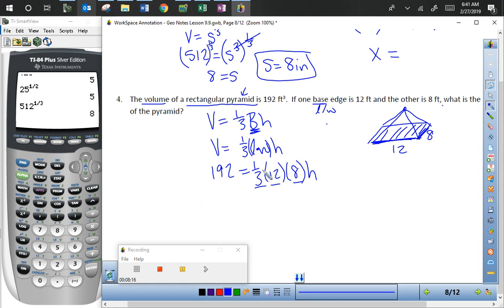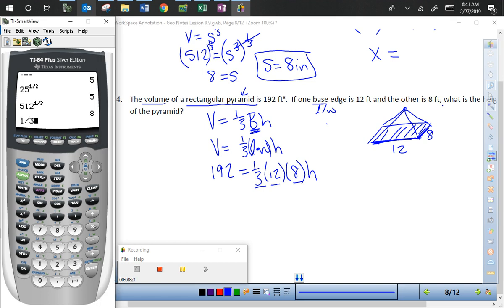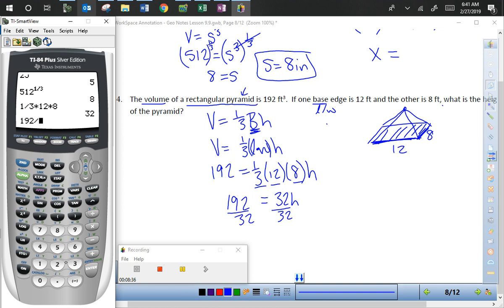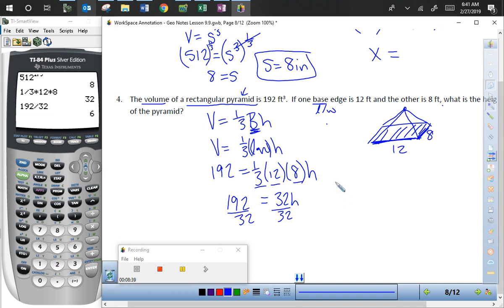So 1/3 times 12 times 8. It's 32. And then we can divide by 32 on both sides. So h equals 6 feet.